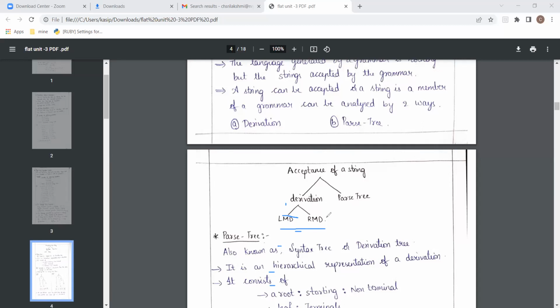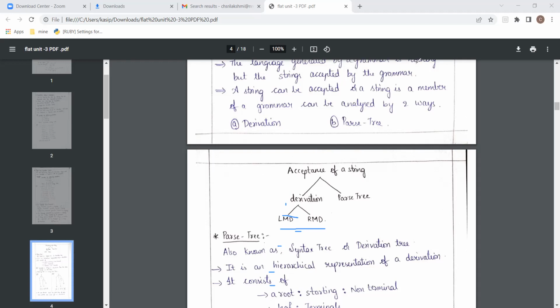If you derive that particular string with that context-free grammar, then we can say the string is accepted. In the previous example the string was id plus id into id. We have derived that string, yes, so that string is accepted by the context-free grammar.